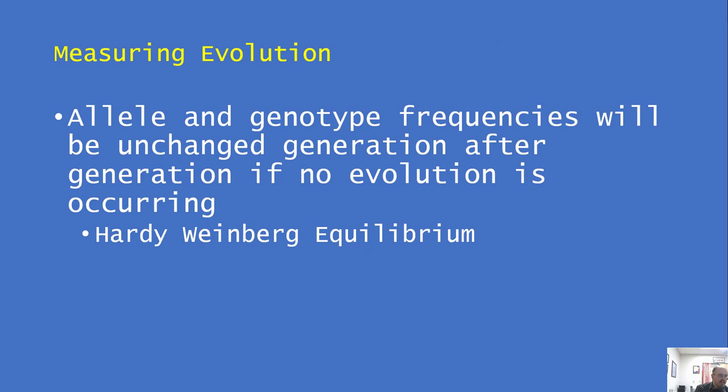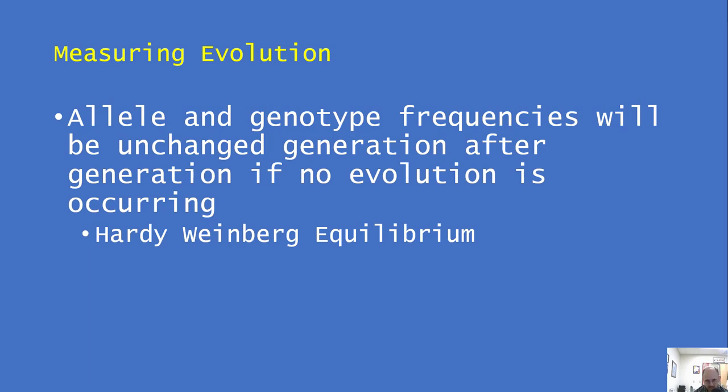Now, one thing to keep in mind, that allele frequencies, so if you look at the color allele in a population, and in that population 50% of that color gene is red, then 0.5 is the frequency for that allele, so it's found 50% of the time. If evolution is not happening, at least not affecting that particular gene, then that gene frequency will be unchanged from generation to generation.